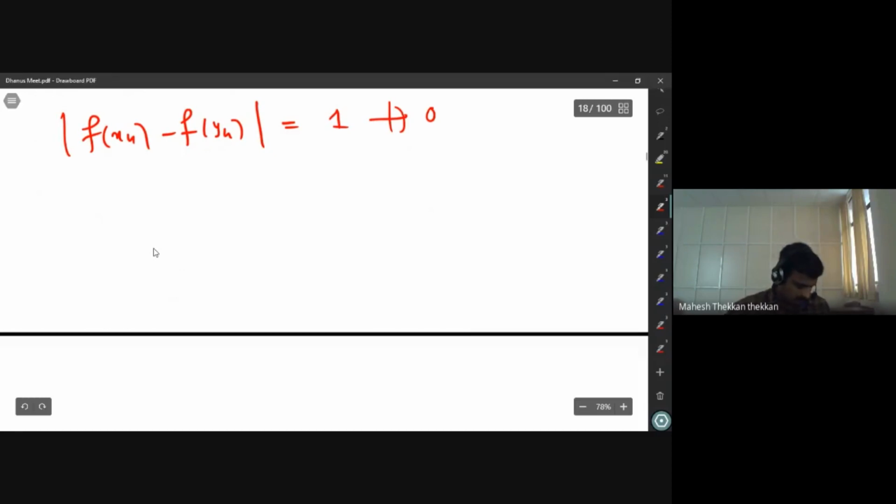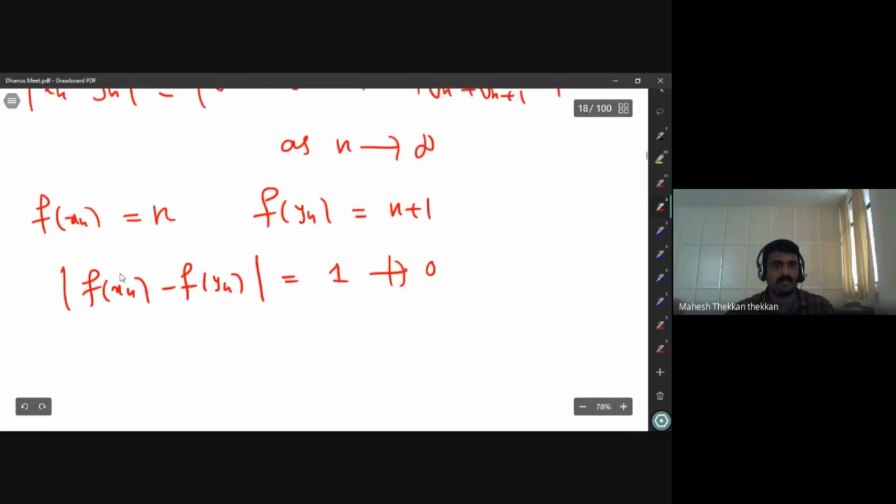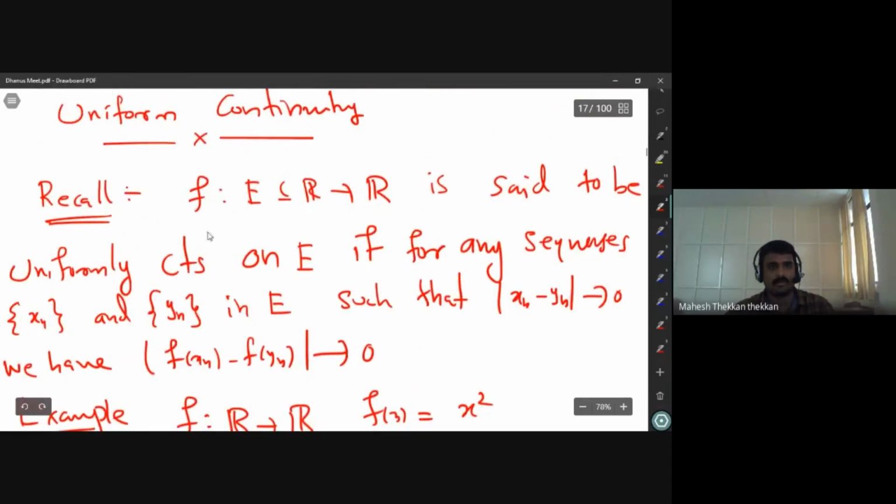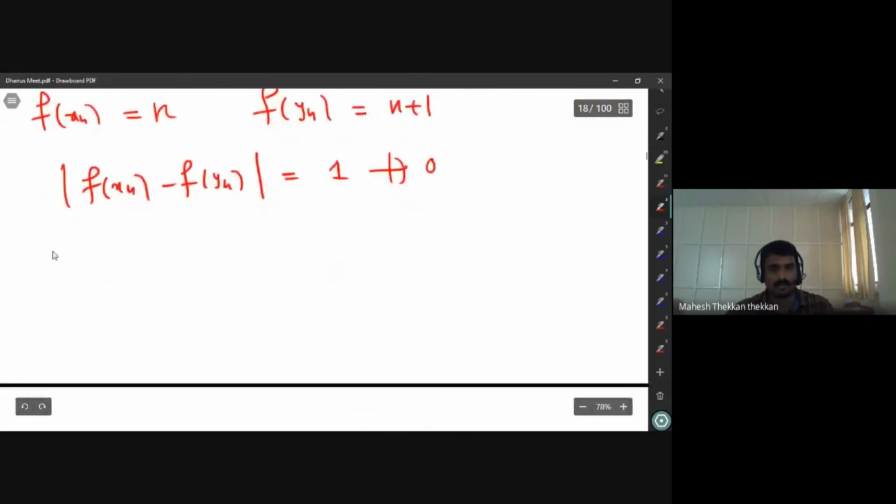The same definition I can use for a function from R2 to R. So I will write it as a definition.